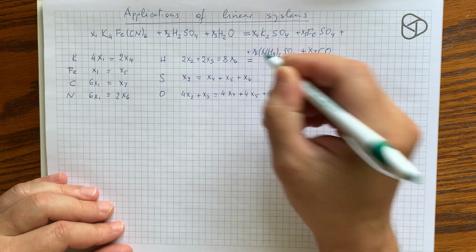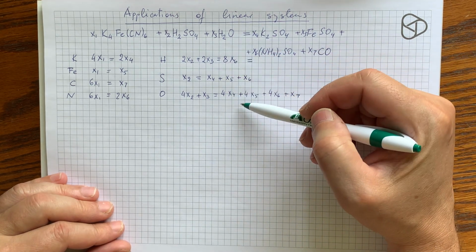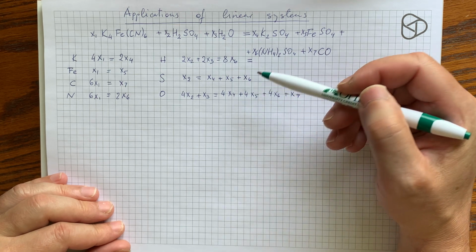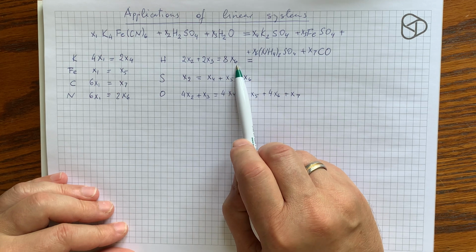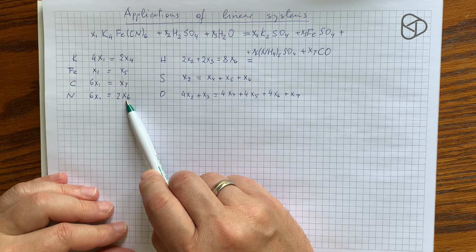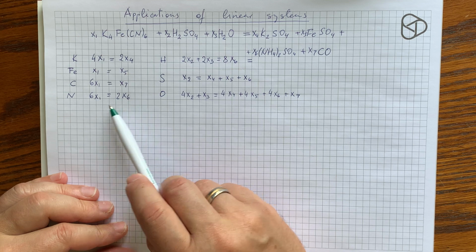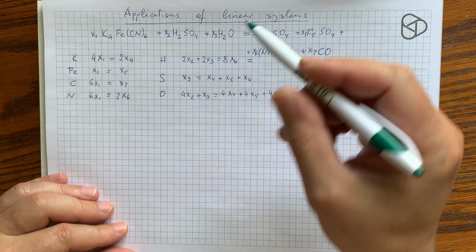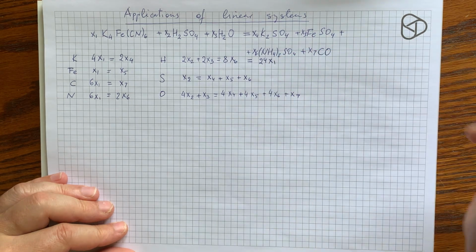Let's use these answers to write the right-hand side of these remaining equations as quantities in terms of X1 only. So here we have 8 copies of X6. 2 copies of X6 is 6 copies of X1, which is really saying that X6 is 3 times X1. So we have 3 times 8, we have 24 X1 here.